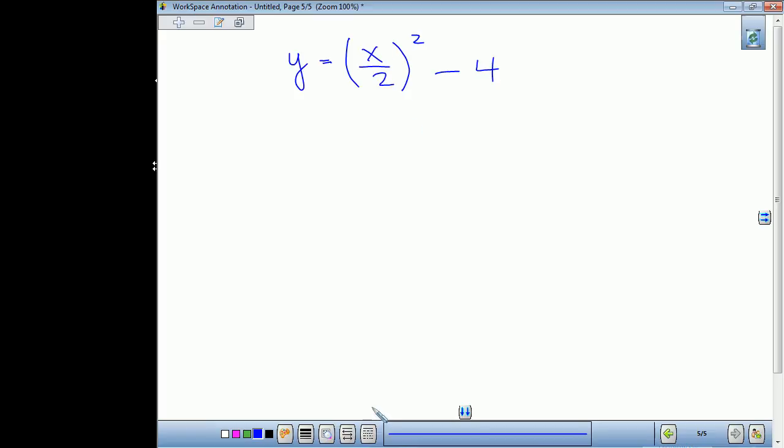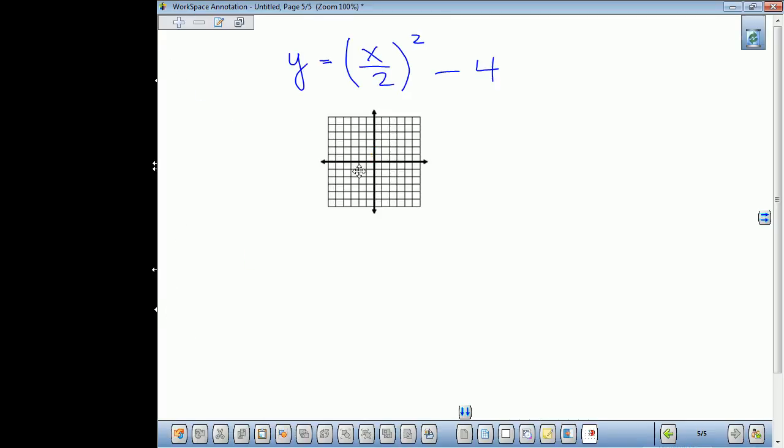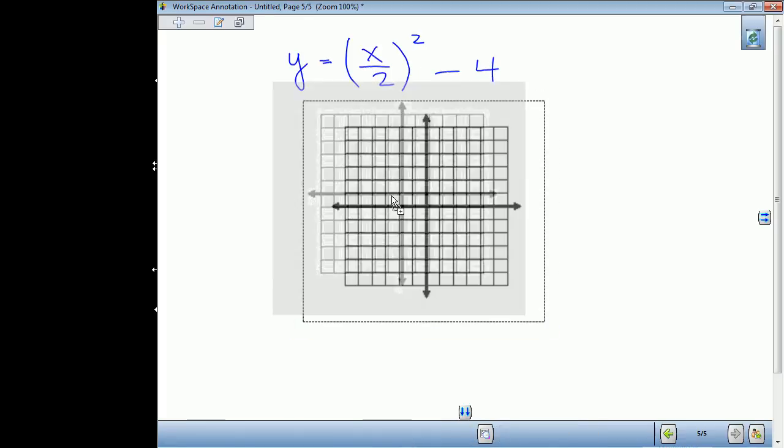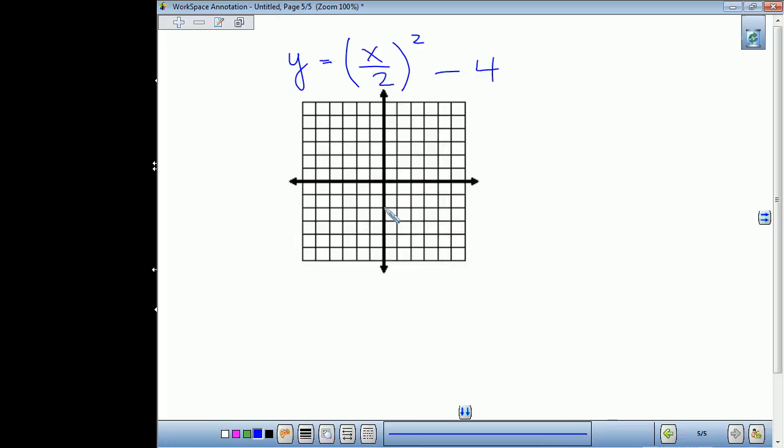Okay, the only difference in this one and the last four that we've done is instead of starting at the origin, where do I start? Negative 4. At negative 4. That's the only difference. Okay. So, put my little graph on here, and we're going to start at negative 4. All right.